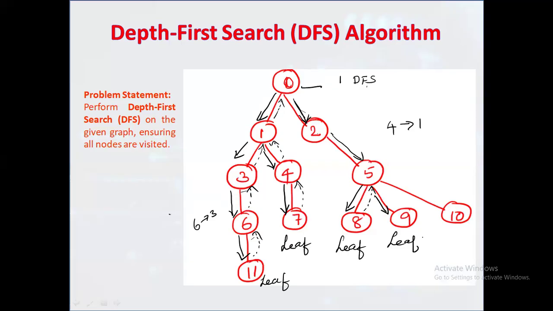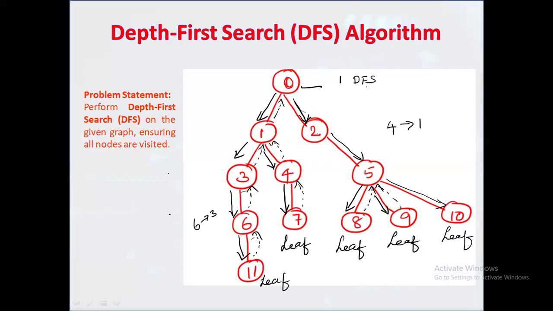This is also a leaf node, so the algorithm explores it and backtracks to node 5. And then the last step is from 5 to 10. Move to node 10. This node is also a leaf node. Finally, the algorithm moves to node 10, a leaf node, and completes the traversal as there are no further nodes to visit.